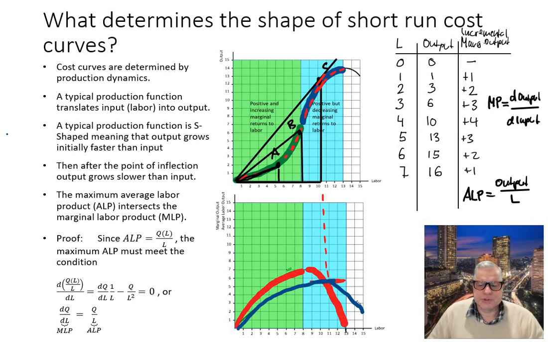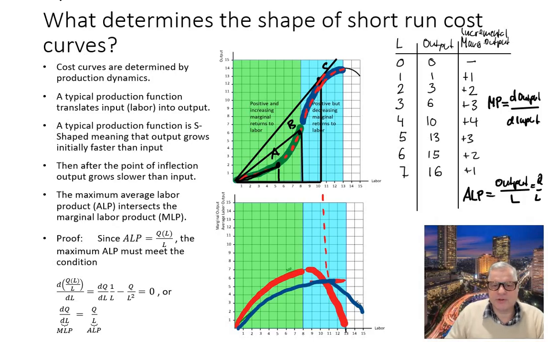Okay, so we can also derive that mathematically. So we can also prove it. The average labor product is the output, Q, over L. So the average output, let's call output Q, then we get Q over L. And Q is a function of L, and we have to divide by L. Now we need to know certain derivative rules, and I'll just show it to you quickly.